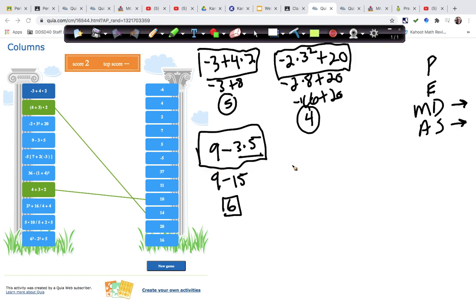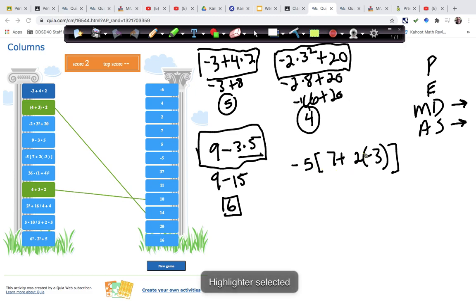And we'll do negative 5, bracket 7 plus 2 times, parentheses is really just keeping that negative in there straight. And notice how this is inside these. So we do this right here first.